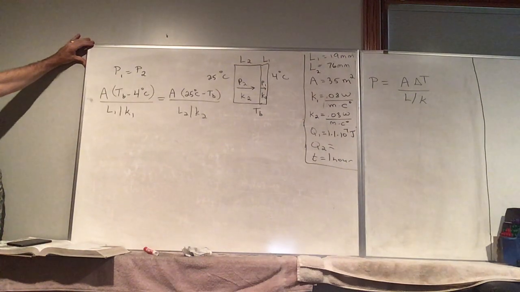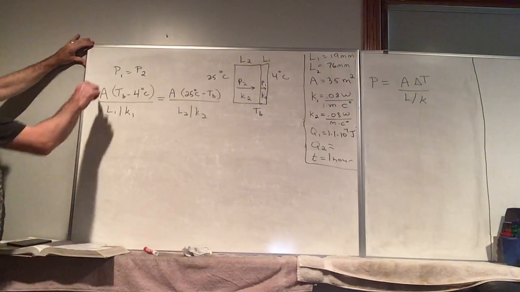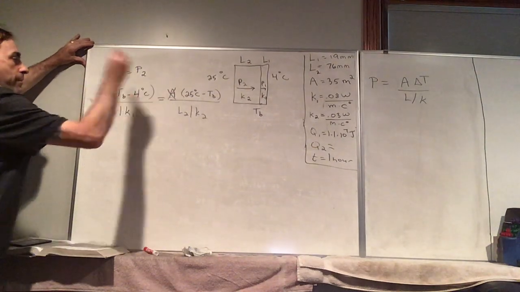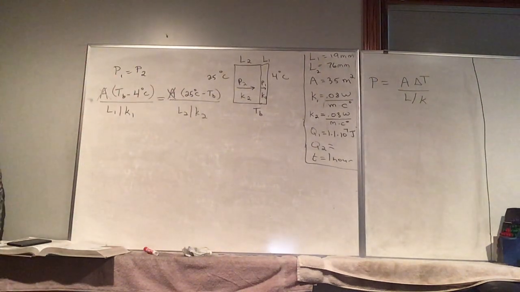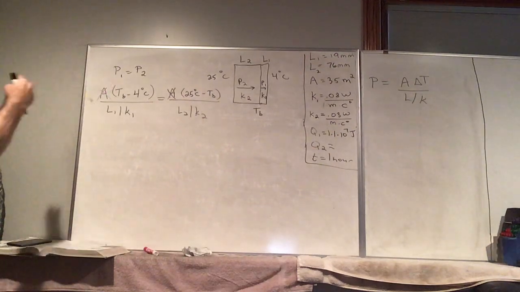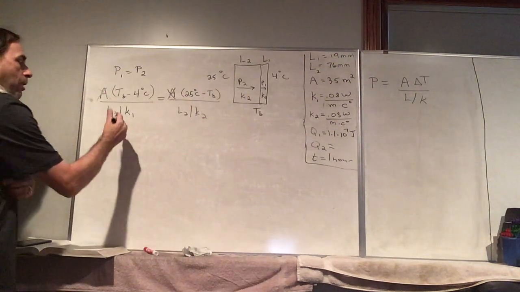So let's start by finding the boundary temperature. All right, so we can cross off the A. I want to get rid of the, I think, let's multiply both sides of the equation by L1, L2.